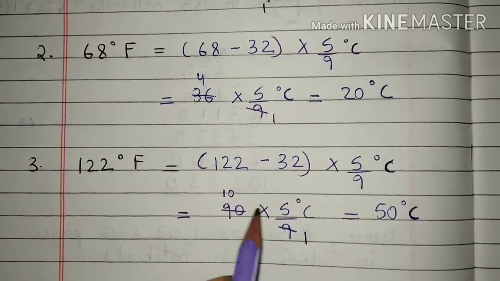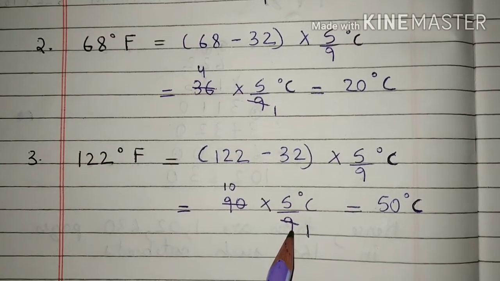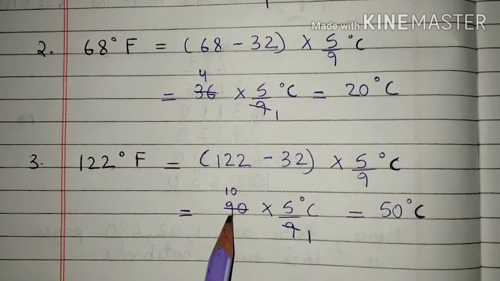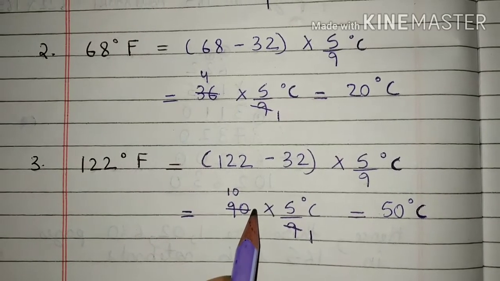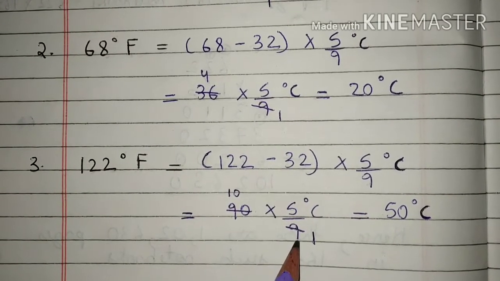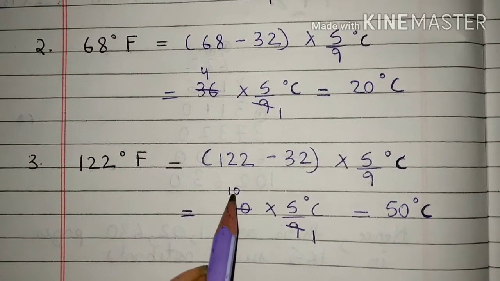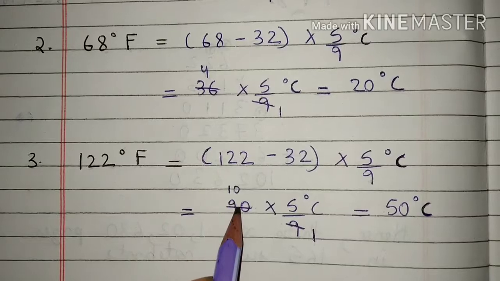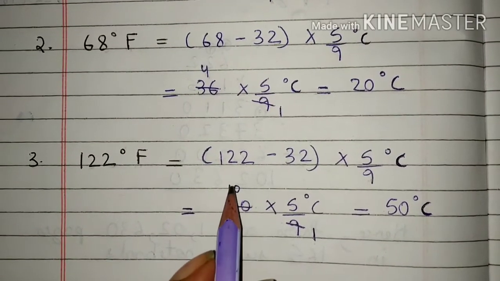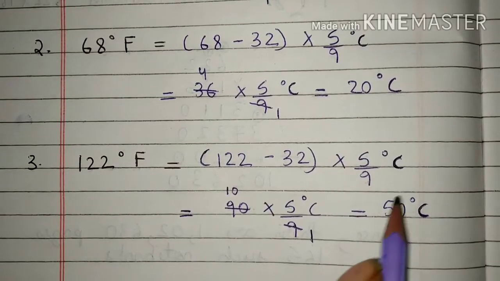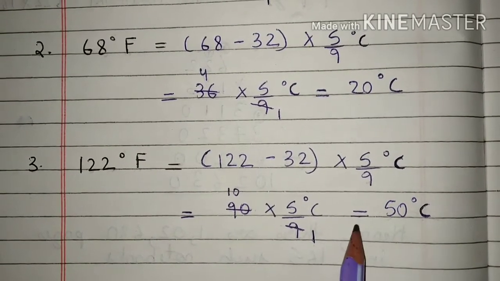And now we will multiply by 5 by 9. 90 is divided by 9, so we get 10. Now students, 10 into 5 is 50. So students, 50 degree Celsius. This is your answer.